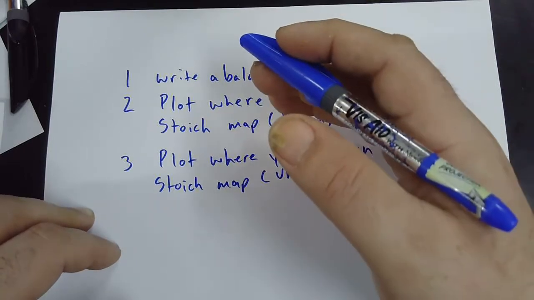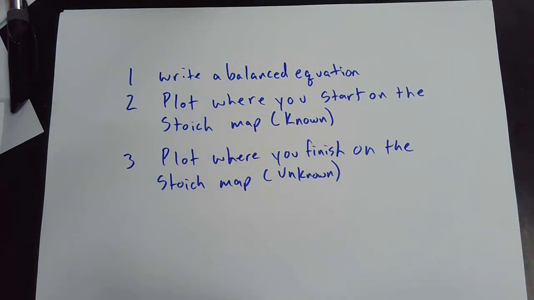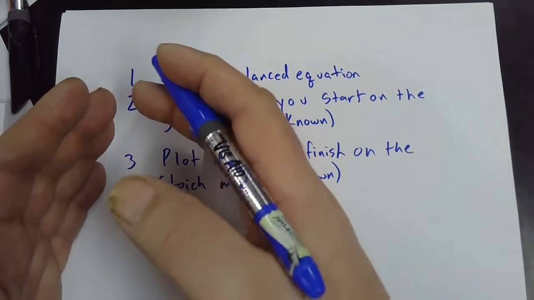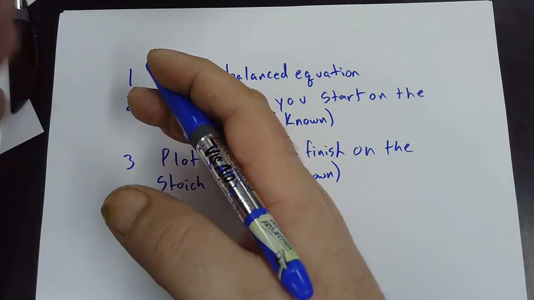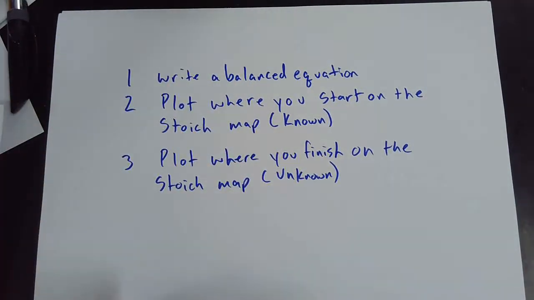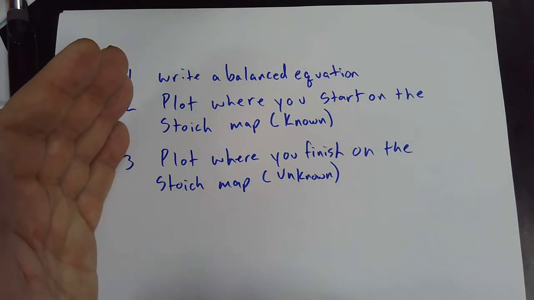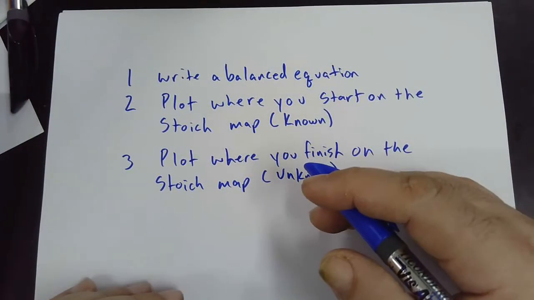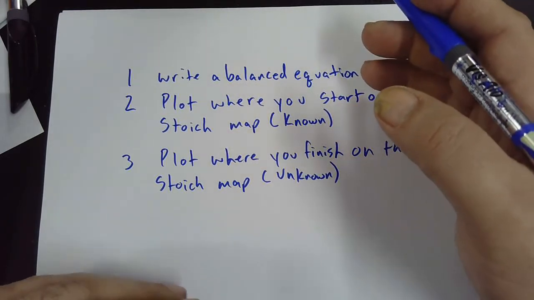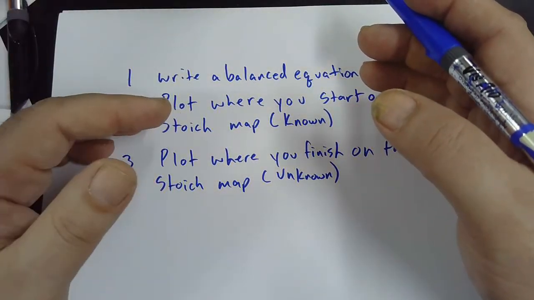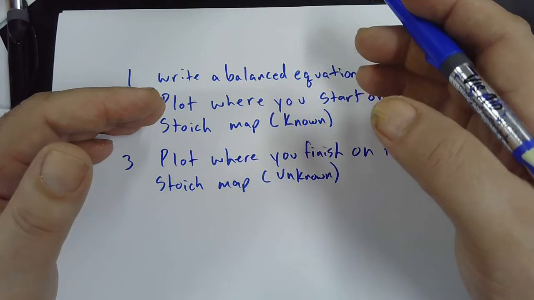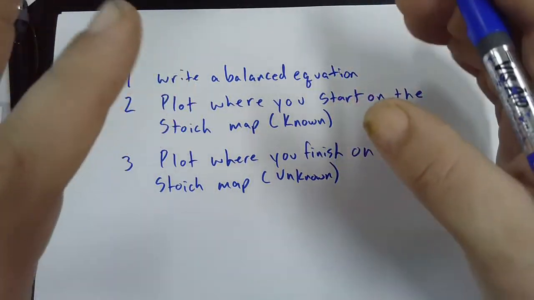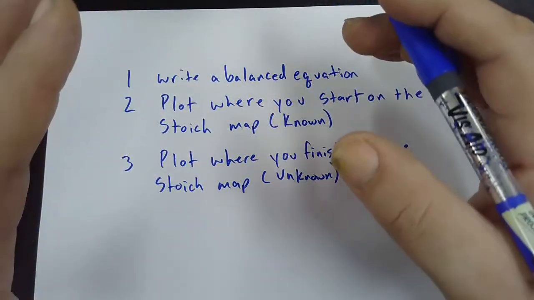It could be: I have this much of this reactant, how much of this other reactant will I need to use it up completely? Or I have this much of this reactant, how much of this product can I make? It can go either way. Or I have this much product, how much of this reactant did I have to react to make that much product? So this relationship is not a one-way street.